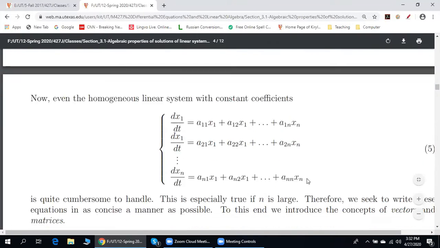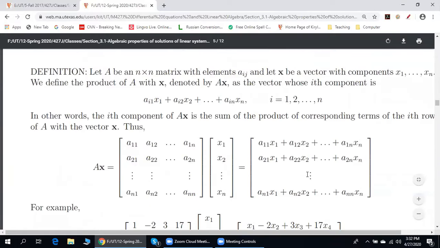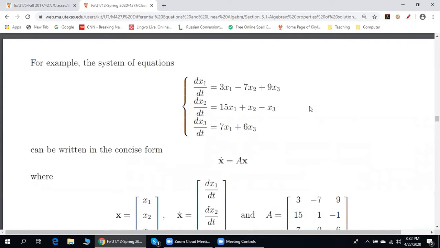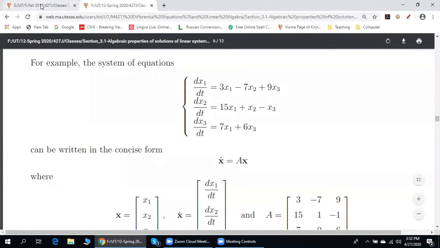There is no t. This is an autonomous system. There is no t. Basically, most systems that we discuss in this course are autonomous systems. Any system that can be written as x dot is equal to Ax is an autonomous system, because on the right there is no t.